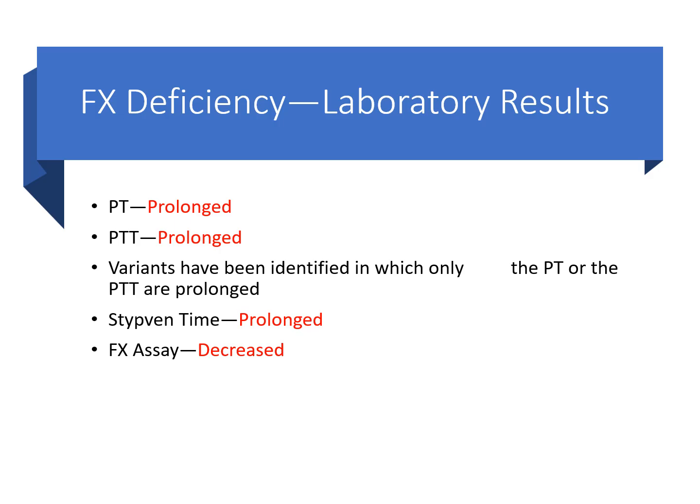But we have a prolonged Stypven time with factor 10 deficiency because factor 10 is associated with that reaction. Sometimes factor 10 and factor 7 deficiencies are a little bit tricky to identify one from another simply because of the point of convergence of that extrinsic pathway into the common pathway. A factor 10 assay would also be decreased. So that specific factor assay would be decreased, which would really point us in the right direction.